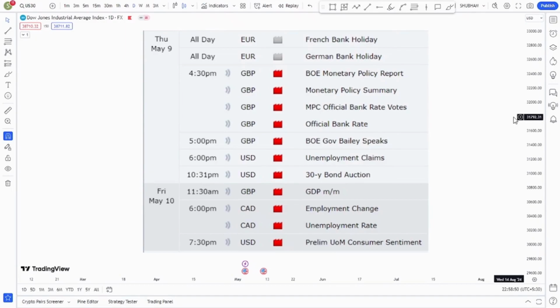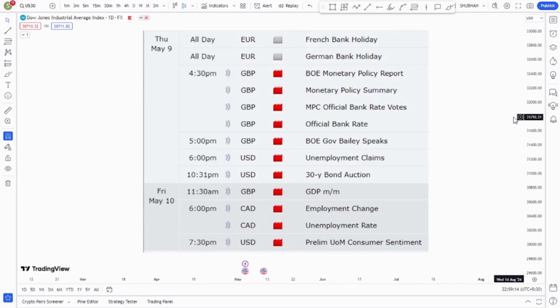Thursday also we have a European bank holiday. This gives me a good sense that if I am planning to trade EUR USD or GBP USD as a swing trade this week, I should give more attention to AUD USD and NZD USD than EUR USD and GBP USD.